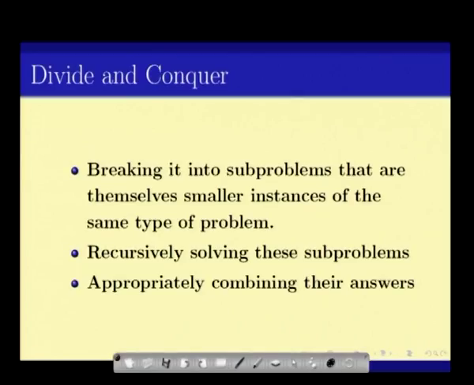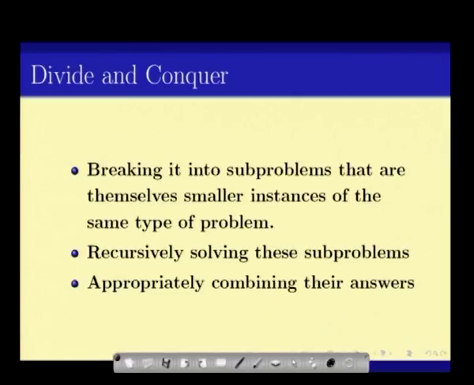The idea is just to divide the problem into small problems, and then solving the small problems is possibly easy, and you can solve them using recursive calls to that algorithm. And then once you have recursively solved the small problems, we appropriately combine their answers.